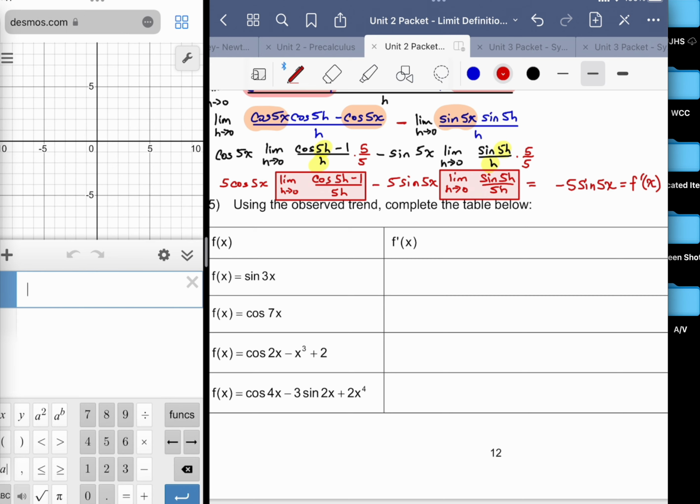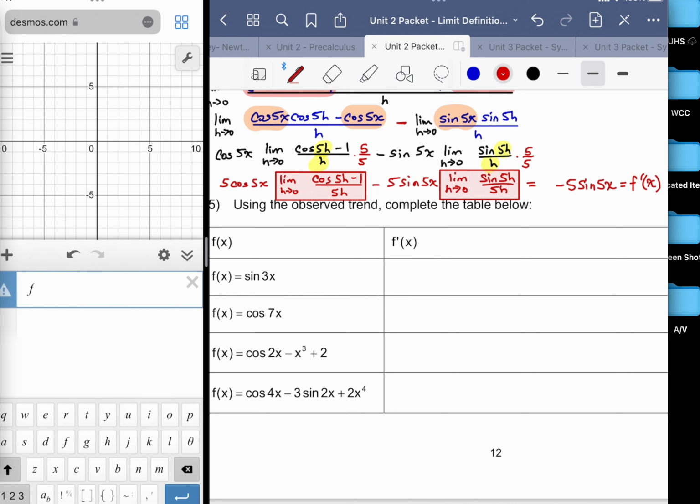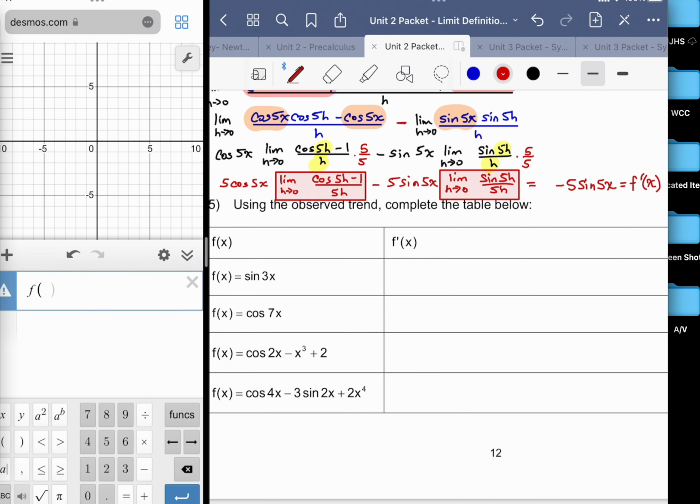We can test it out with a bunch of different possibilities, but we'll keep it simple at least to start. Let's say we have f of x is equal to the sine of 3x.